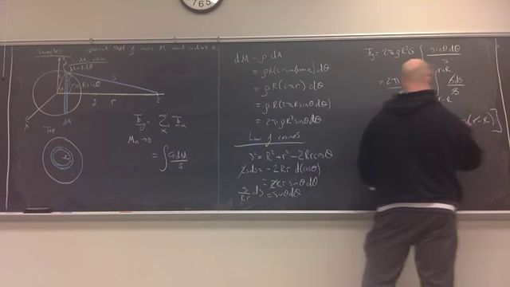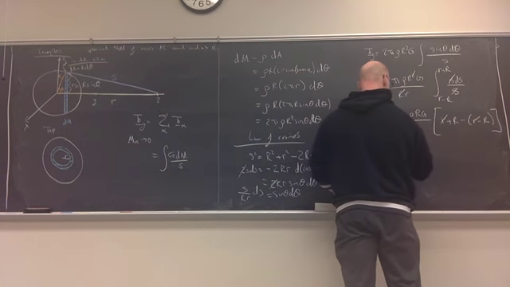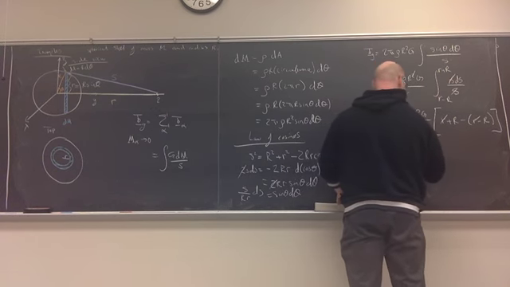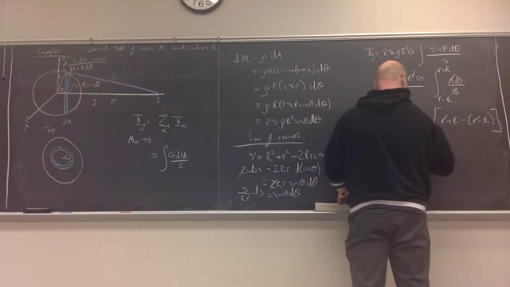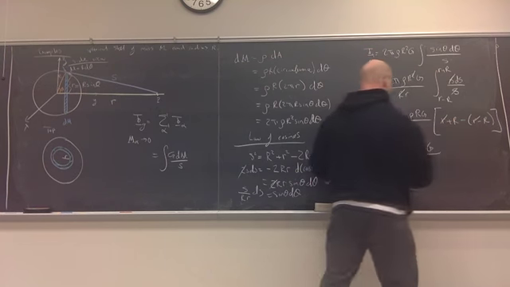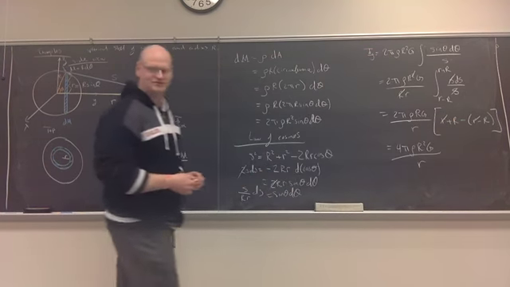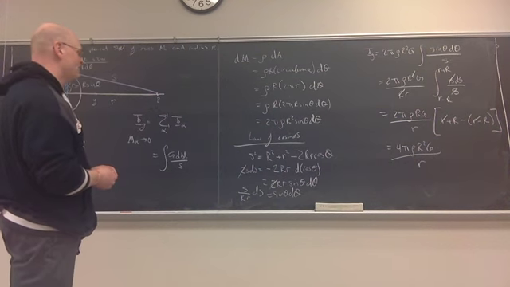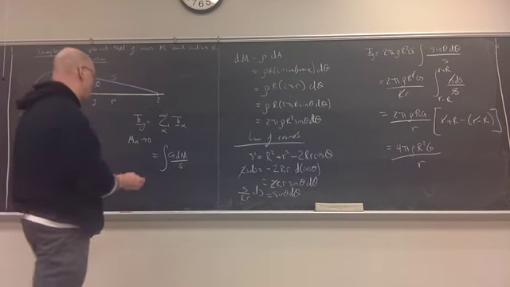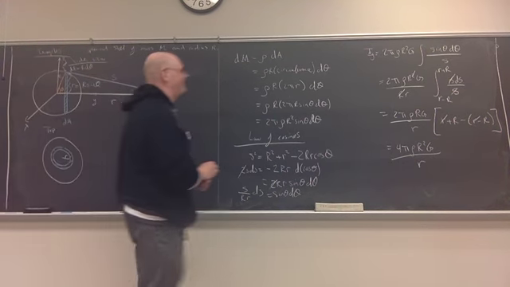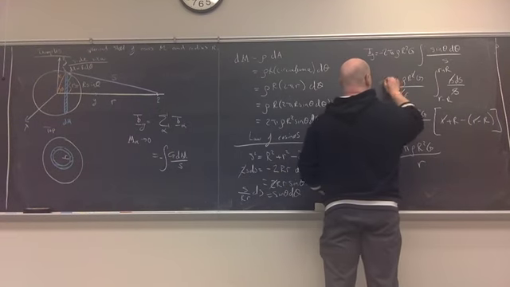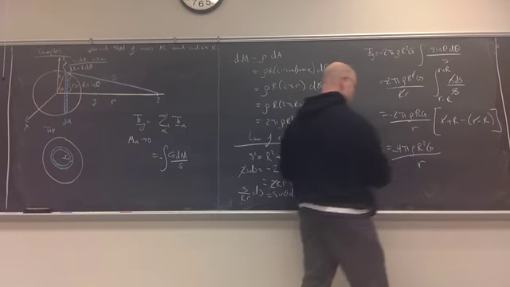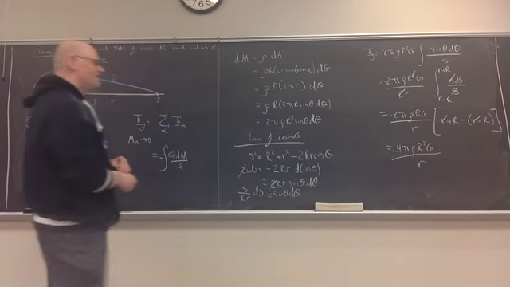The two R's are going to give me a 2 capital R. So this is going to become 4 times pi times rho times r squared times g divided by r. And I just realized I forgot my negative sign out front. So there should be a negative here. Negative, negative, negative, negative. Sorry about that.